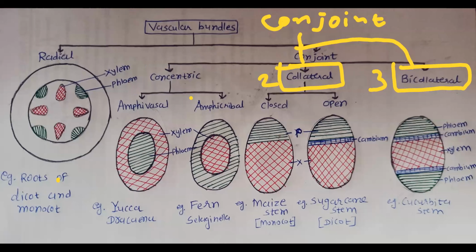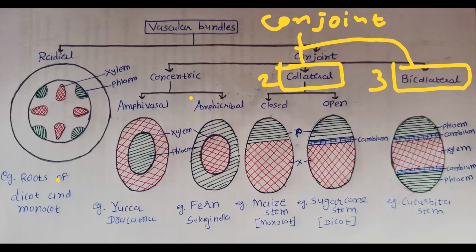Second category, collateral. Yucca plant में amphivessel and fern plant में amphicribal. These are the examples of concentric type of VB showing plants.